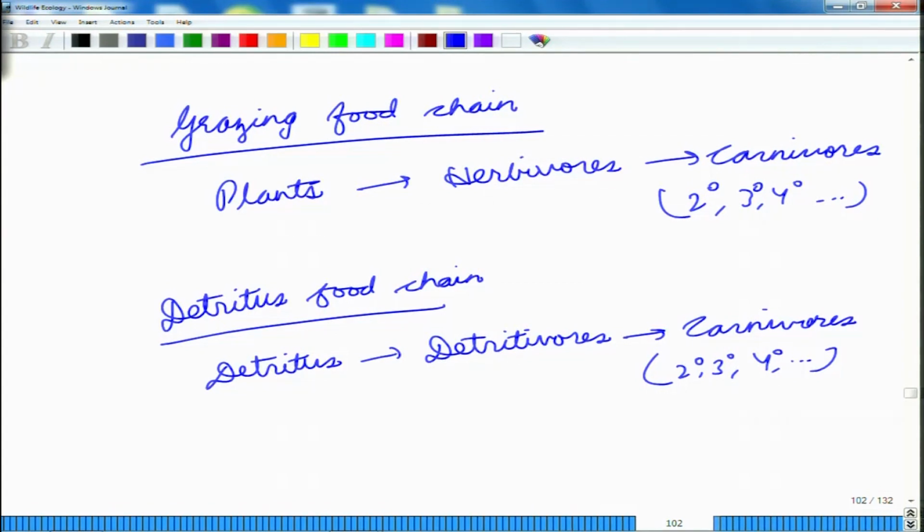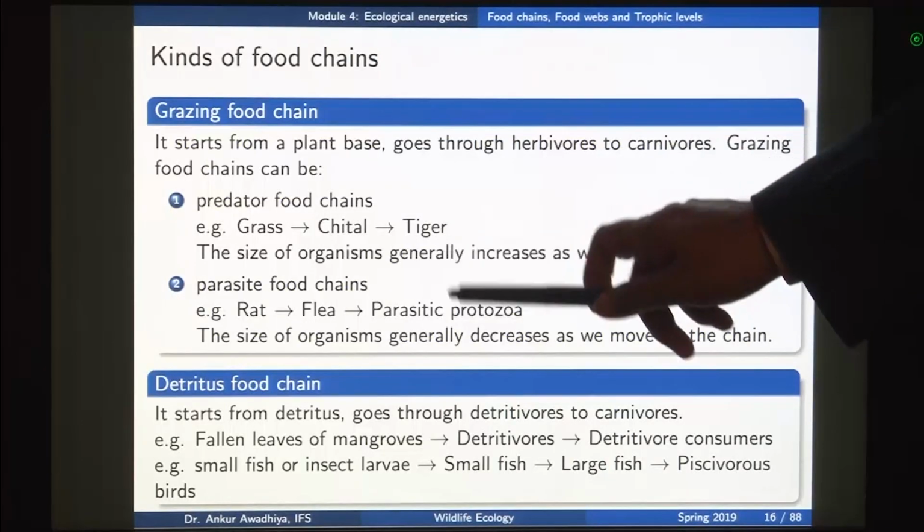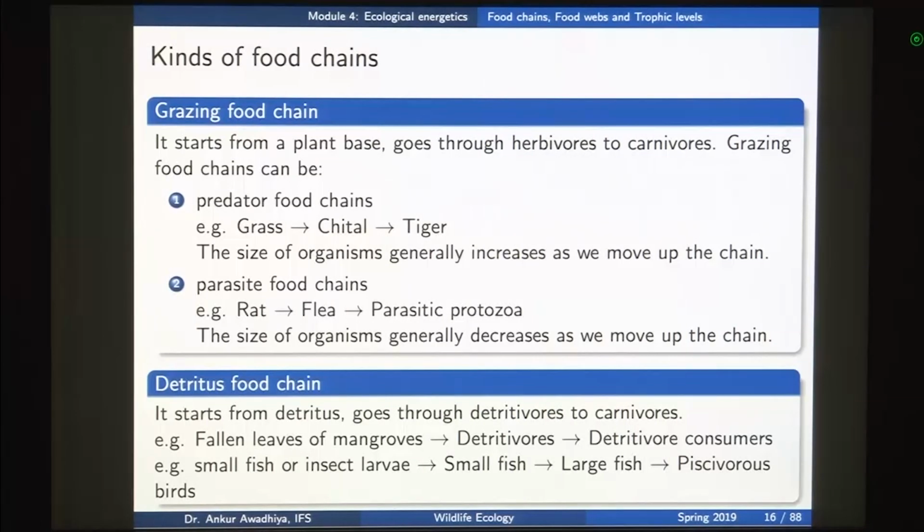When we say the grazing food chain, you have two subtypes. One is the predator food chain. A good example is grass that is eaten by cheetal, and that is eaten by tiger. Or the one that we saw before: grass is eaten by the grasshopper, that is eaten by the frog, that is eaten by the snake, which is eaten by the hawk.